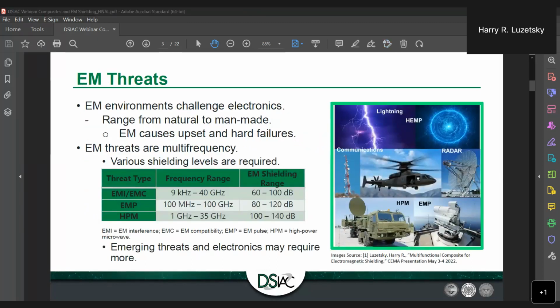So what are the EM threats that we're typically dealing with? They range from both natural and man-made. You can see some of the examples on the right. There's a broad set of frequency ranges that are actually covered.